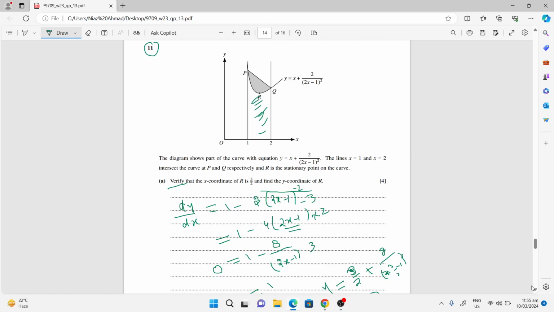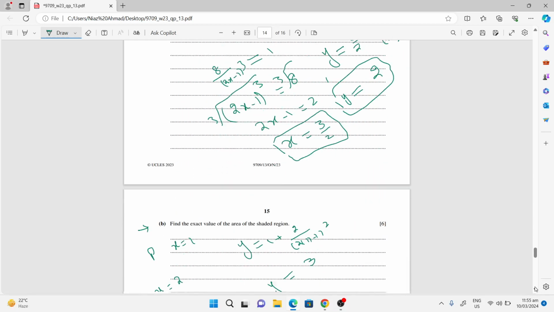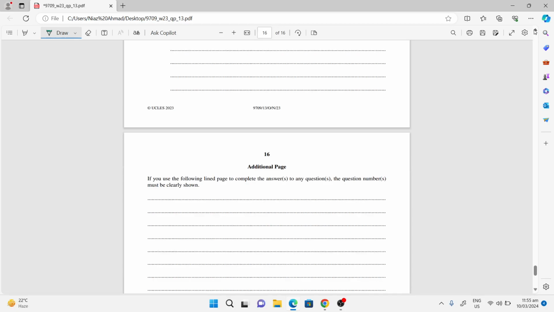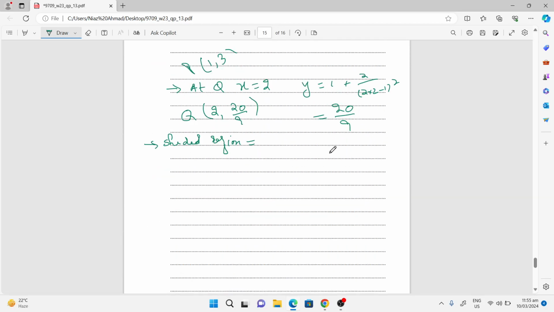So write area of trapezium. Always give the work plan: area of trapezium minus area under the curve, and you will be getting the area of the shaded region.